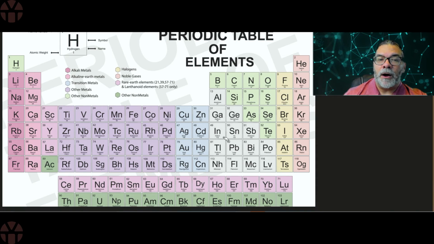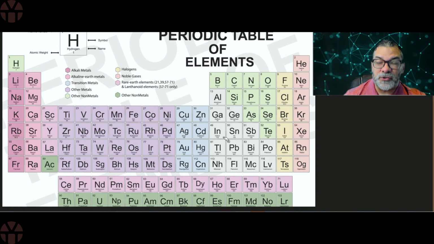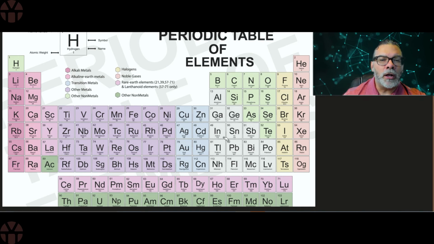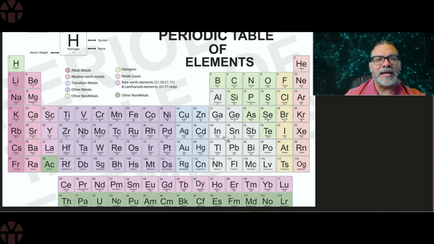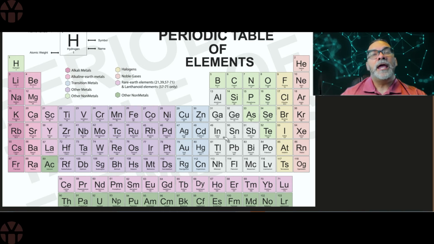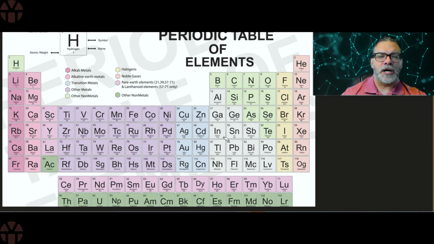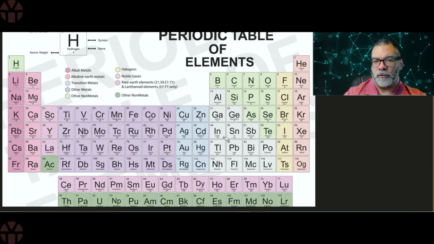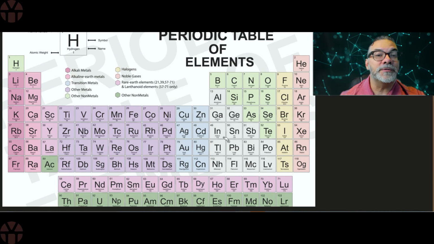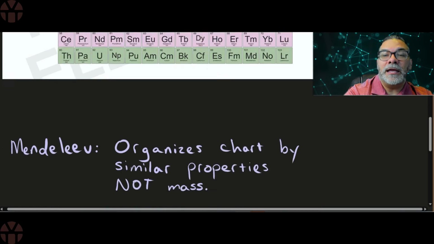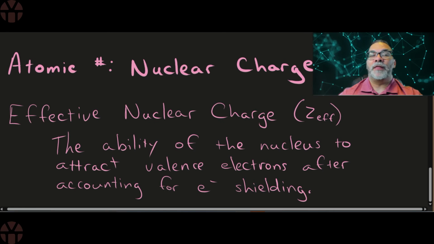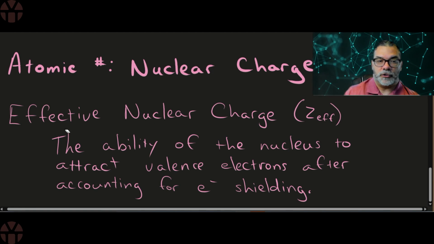Likewise, we see that other patterns and trends seem to occur, and we'll speak about those in a moment, but all of those are based off of that idea. So why, if I'm adding more and more protons to an atom as we go further down the periodic table, are my atoms getting bigger? In order to answer that, we have to talk not about nuclear charge, but rather effective nuclear charge.